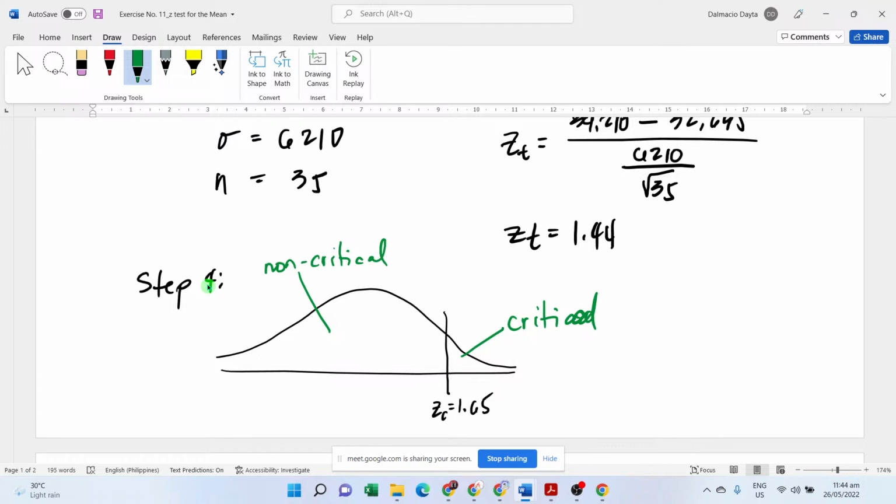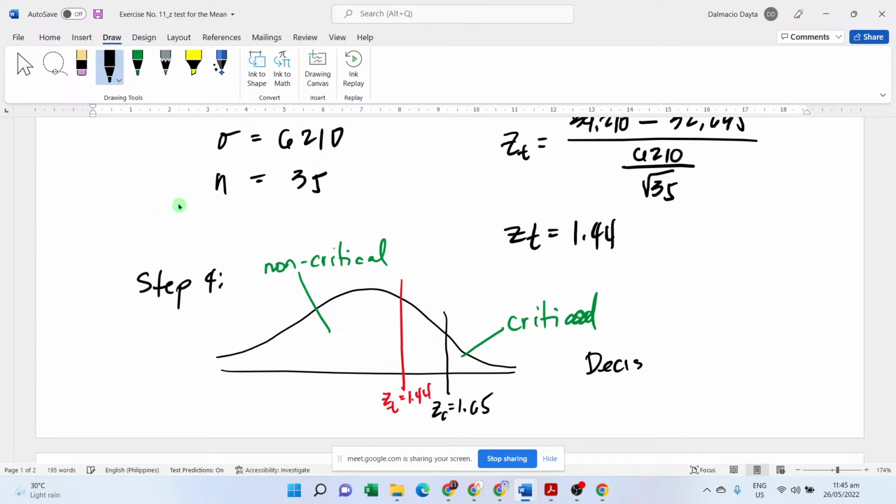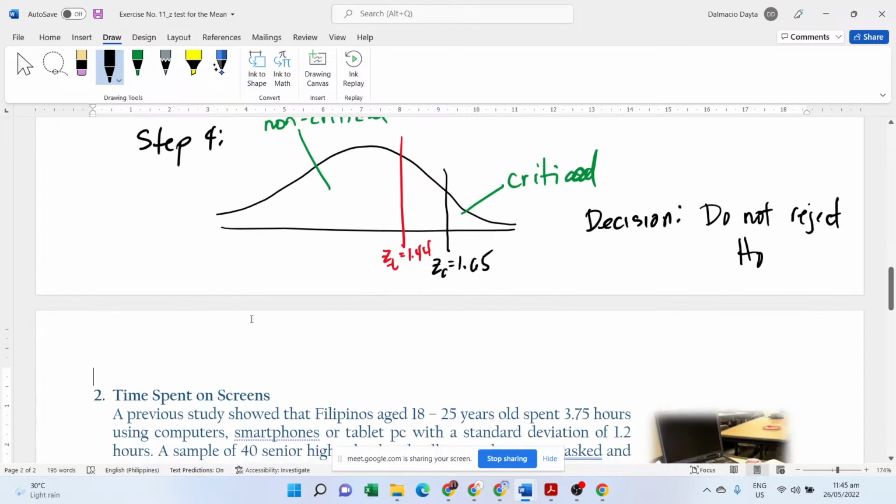If it's on the non-critical, do not reject the null hypothesis. And since the z-test is 1.44 and clearly it is on the non-critical region, therefore, the decision, ang dali lang gumawa ng decision, do not reject the null hypothesis. If we are not rejecting the null hypothesis, let's go back to the null hypothesis so that we can write this.